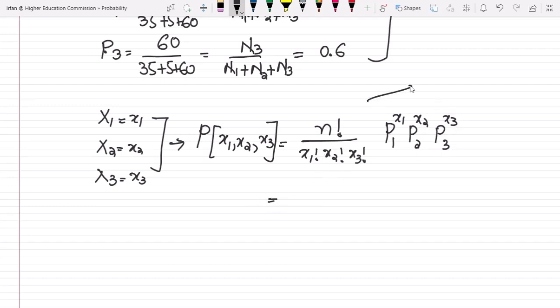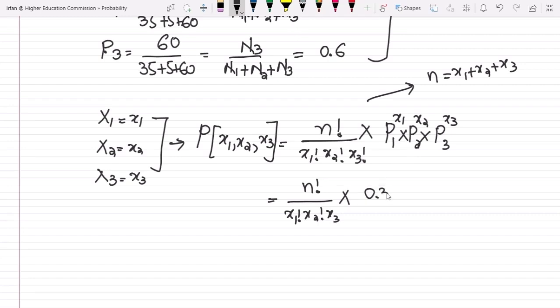Here we have to note that this is the multiplication all over, and n is equal to x1 plus x2 plus x3. So n is unknown, x1 factorial, x2 factorial, x3 factorial, and the probabilities are already known.